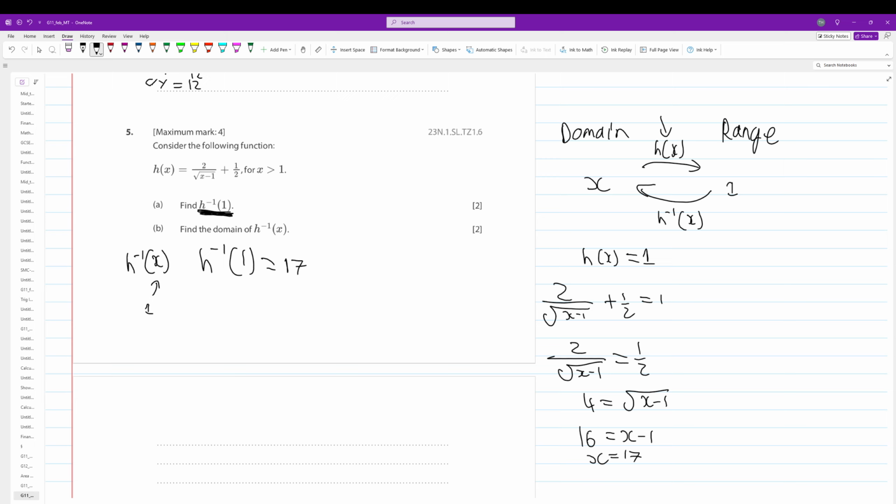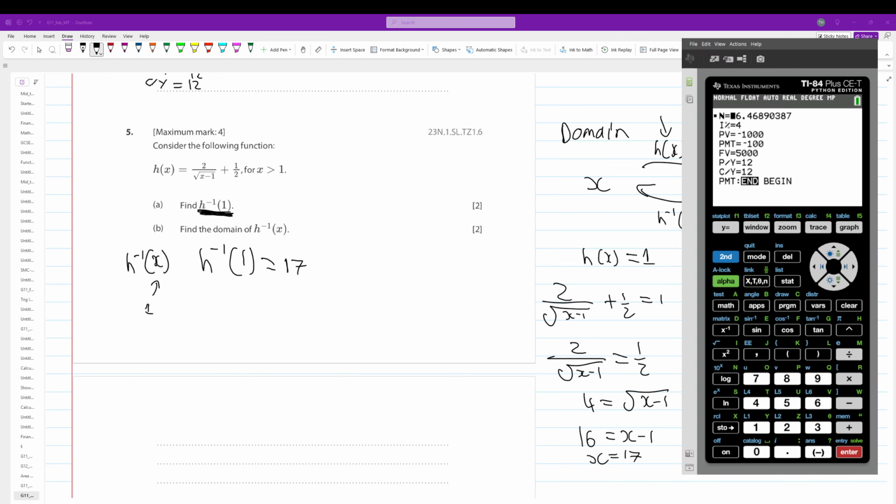I can check this on my calculator to double check. So if I plot this function, 2 over the square root of x minus 1, add a half, and I plot that, I realize that my window is a bit weird, so I'm going to reset the window with the standard zoom 6.